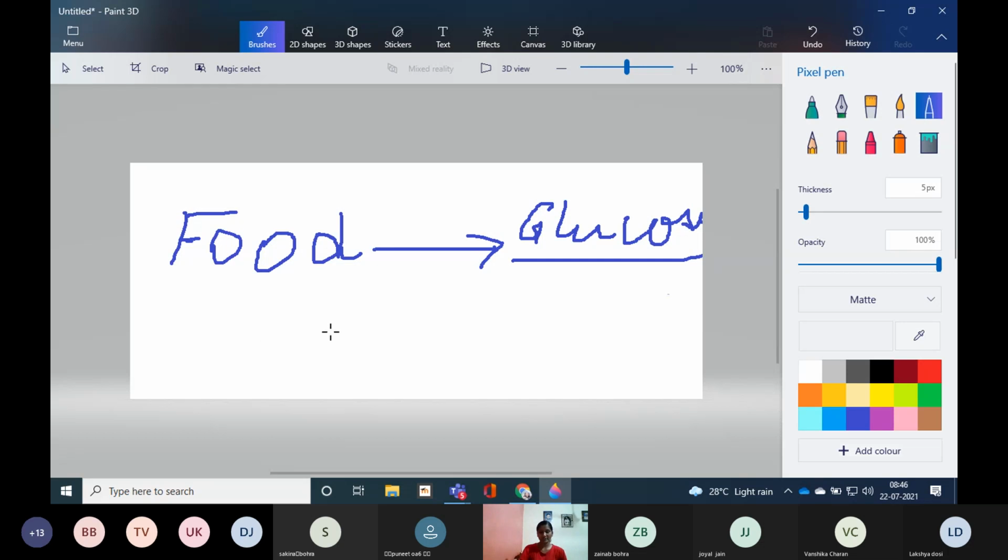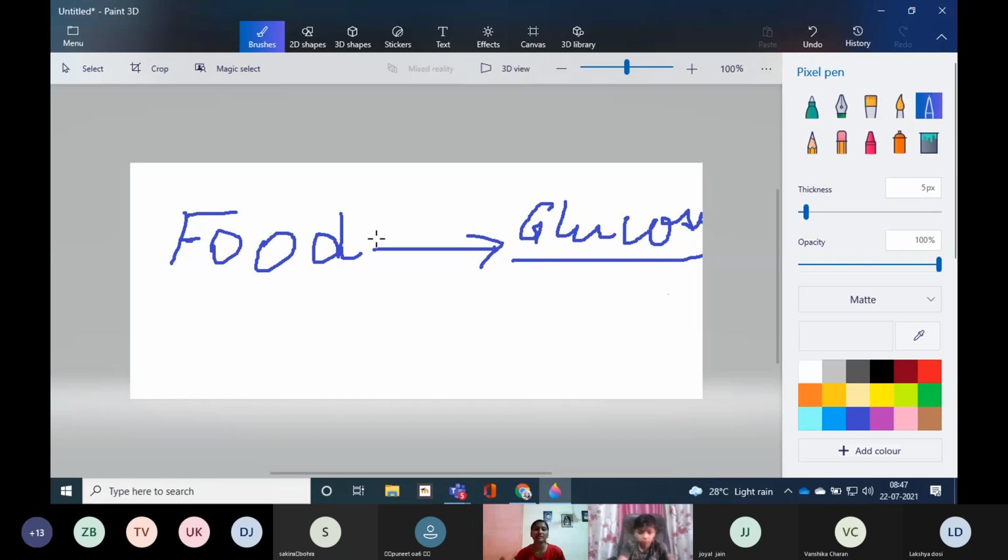So how will this be transported? Glucose will not get rapidly transported in the plant body. Why? Because this is a larger molecule. It does not get soluble in the liquid which is present inside the plant. So what happens?